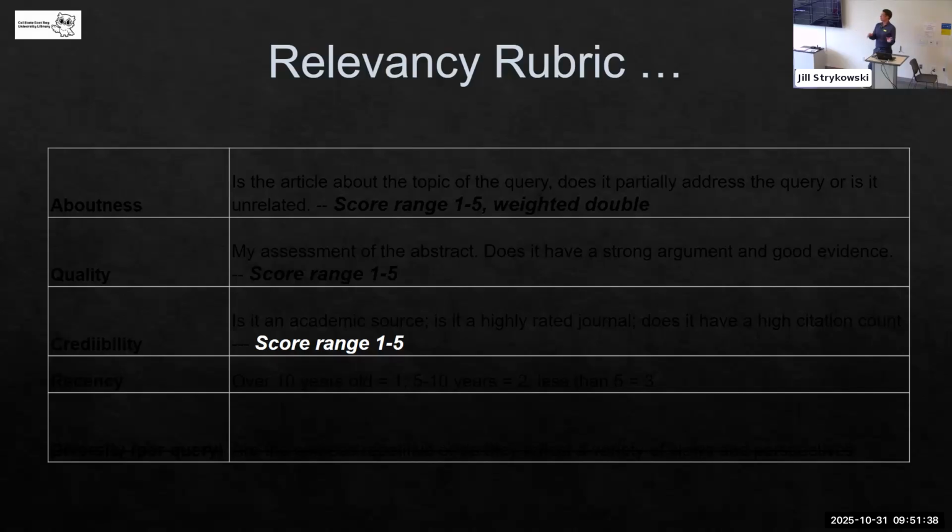Well, that's not really relevant to the question, even if it's a very credible, high impact, well done paper. Then I got another one that's just an interview of one CEO of a healthcare organization. They had no data, no more than one person talked to. It's just the opinion of one guy, but it was actually about the topic. So that seems to be more relevant.